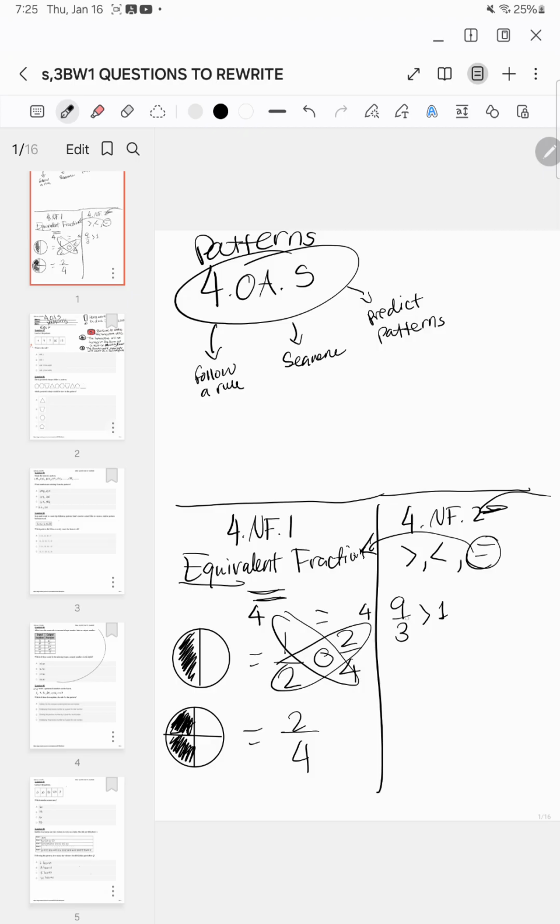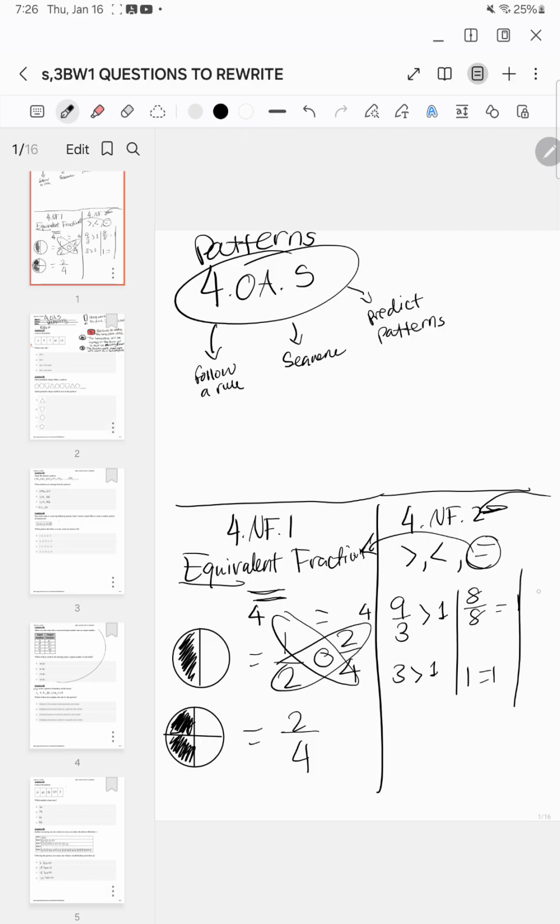So 9 divided by 3 is actually equal to 3, and 3 is bigger than 1. And also, whole fractions are equal to 1. If I said 8 divided by 8, or 7 divided by 7, those are equal to 1, because anything divided by itself will always be equal to 1. So it's like 1 is equal to 1.